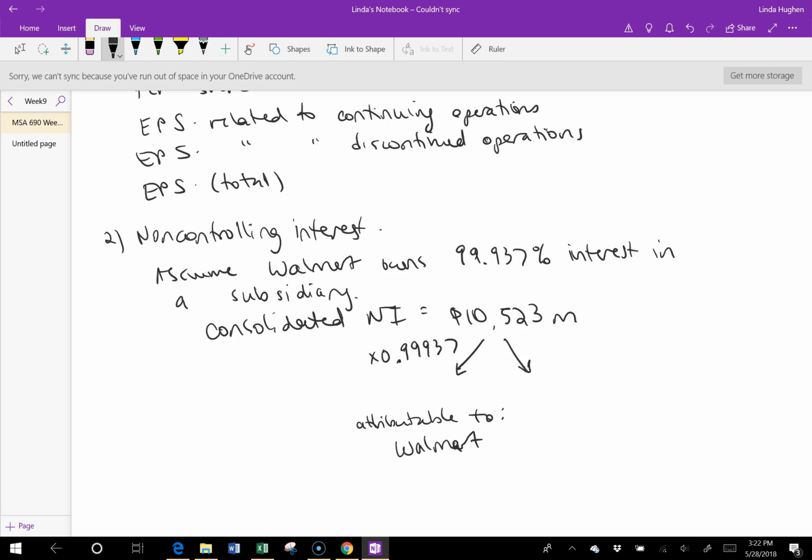So this will be 10,523 times 0.99937, which works out to be 9,862, and the difference here, 0.00063, works out to be 661 million. This is attributable to non-controlling interests.